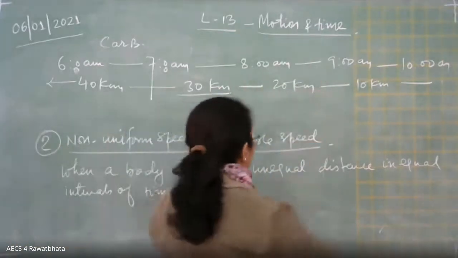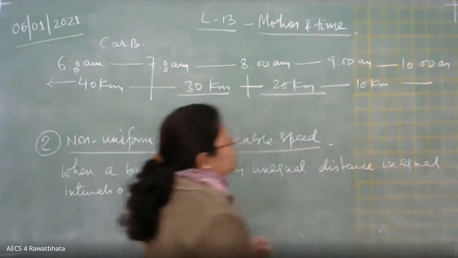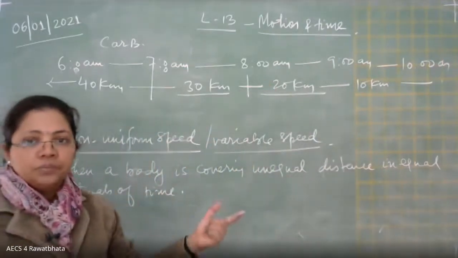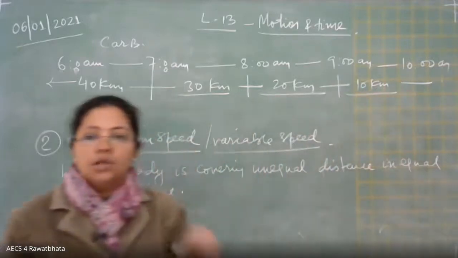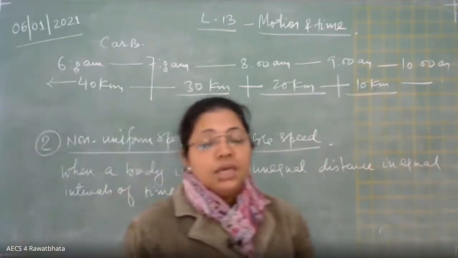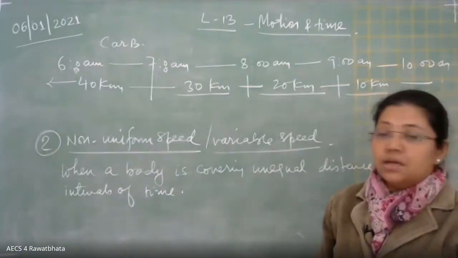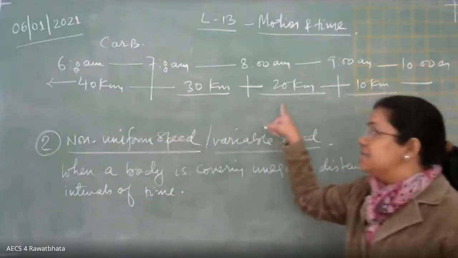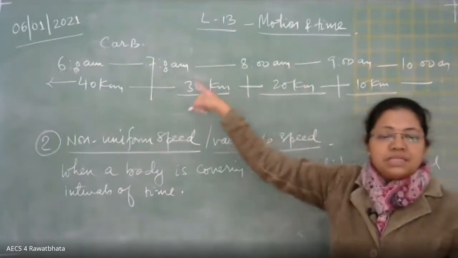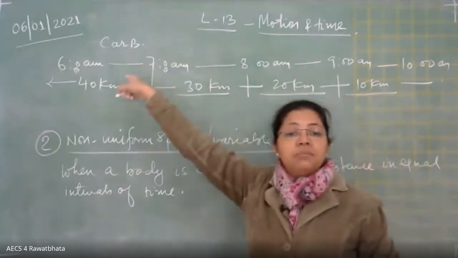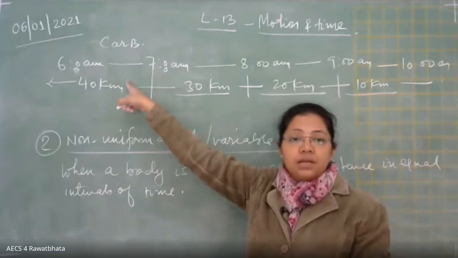Then from 8 to 9 it covered 20 kilometers again. And then from 9 to 10 it covered 10 kilometers. It means it is not covering equal distances in equal intervals of time. हम यहाँ पर डिस्टेंस मेजर कर रहे हैं हर 1 घंटे में ये कार कितना डिस्टेंस कवर करेगी.